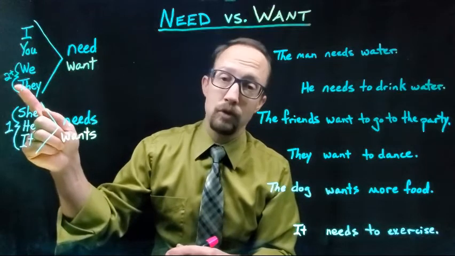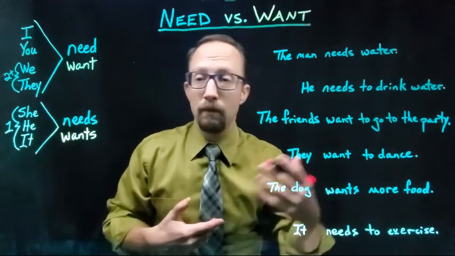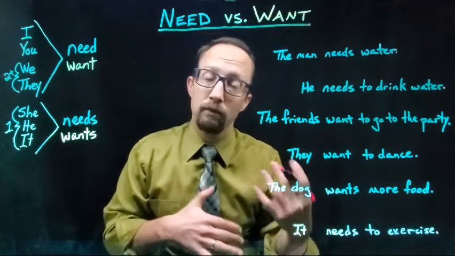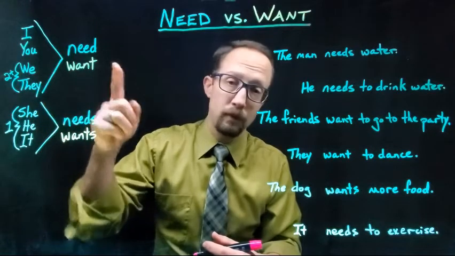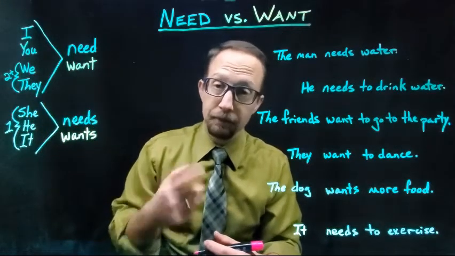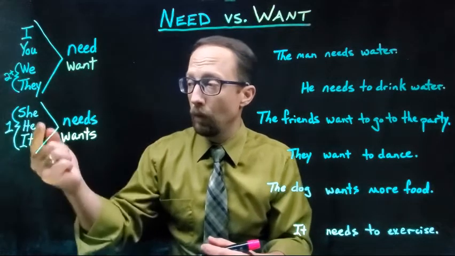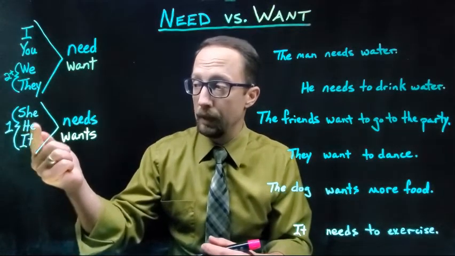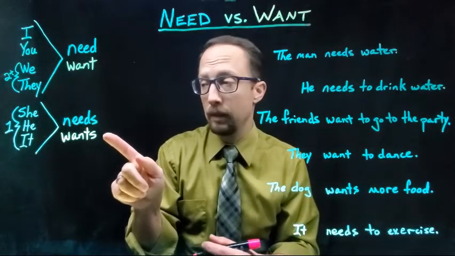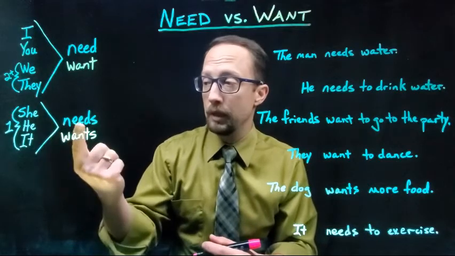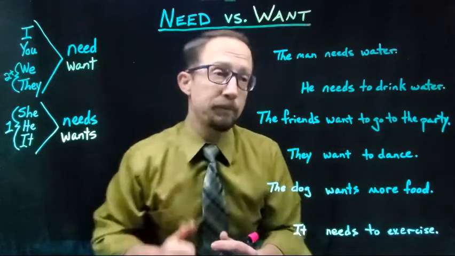Also, when you have two or more people, we, they, Juan, Jose, Vlad, Katrina, you do not add an S. But when you have one person or a pronoun like she, he, it, then you need to add an S, like she needs, he wants. Okay, so remember that, please.